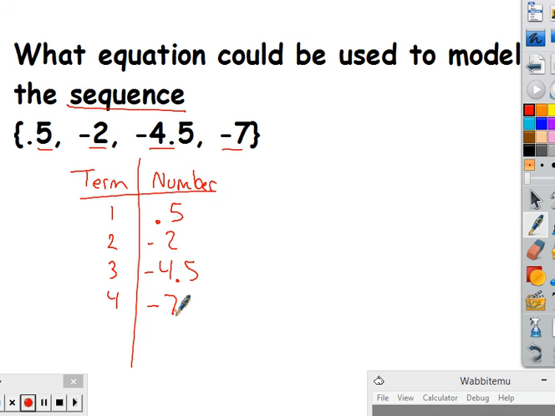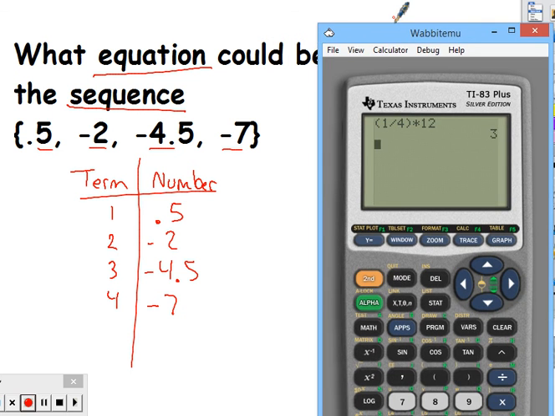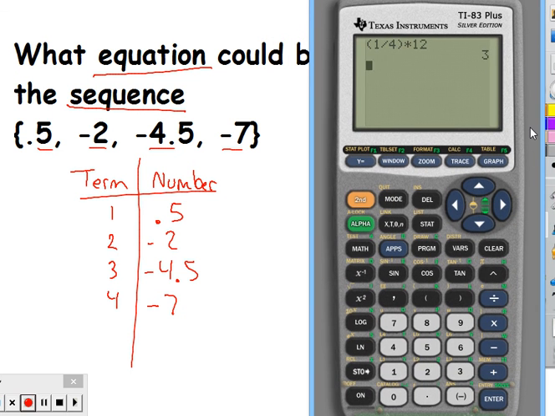And we can put this in a calculator to find the equation. So we're going to pull the calculator up again, and we're going to type into the calculator stat, edit, and we already have the numbers 1 through 4. On this side, we need to put our sequence 0.5, -2, -4.5, and -7.